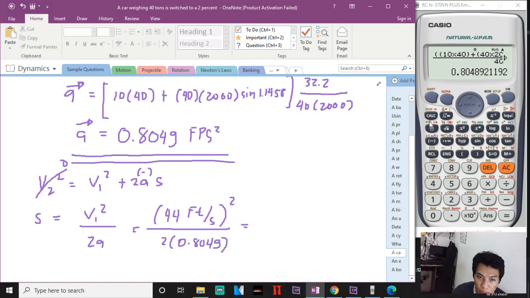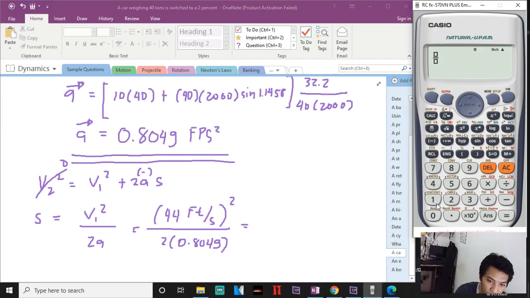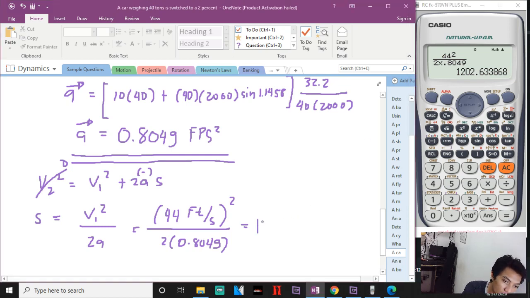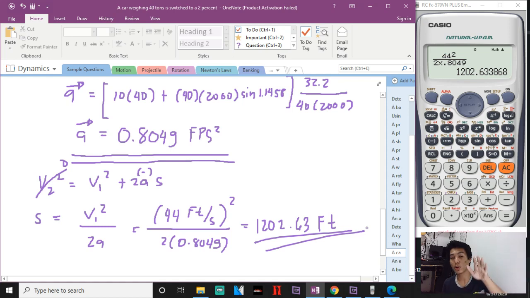Natin kung ano may sagot. 44, square natin. 2 times 0.8049. The answer will be 120.60. That is the total distance that the truck will travel dun sa incline.